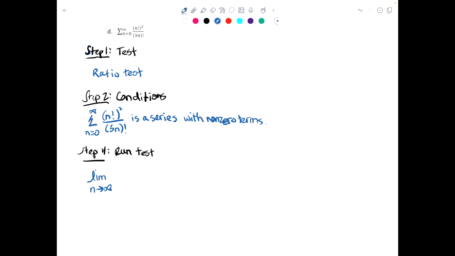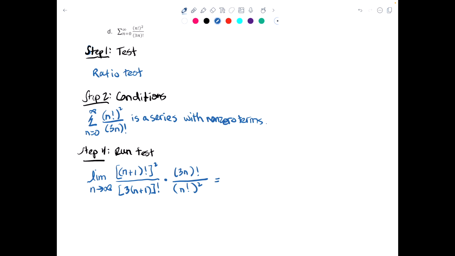So we will have n plus 1 factorial, that quantity squared, over 3 times n plus 1, that whole quantity factorial. So that's the n plus first term. Now I'm going to multiply it by the reciprocal of the nth term. Just makes it a nicer fraction to deal with.